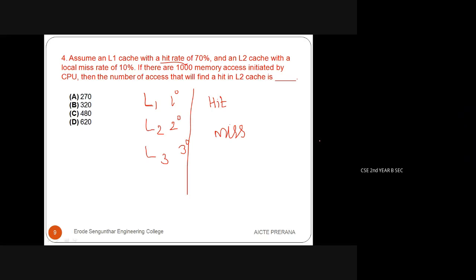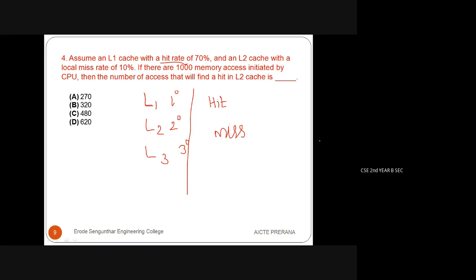Okay, so these are all the things they have given. Assume an L1 cache with a hit rate of 70% and an L2 cache with a local miss rate of 10%. If there are 1000 memory accesses, consider this, it is very important. They are mentioning 1000 memory accesses initially by the CPU.